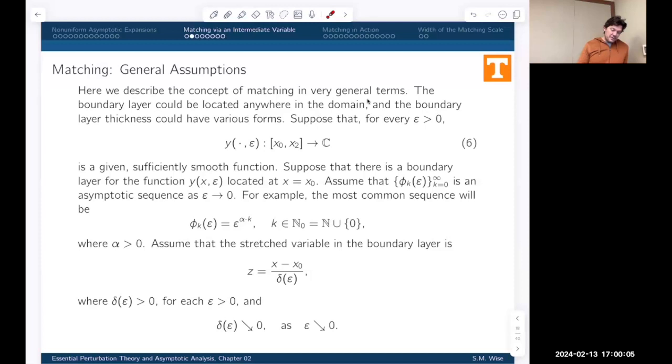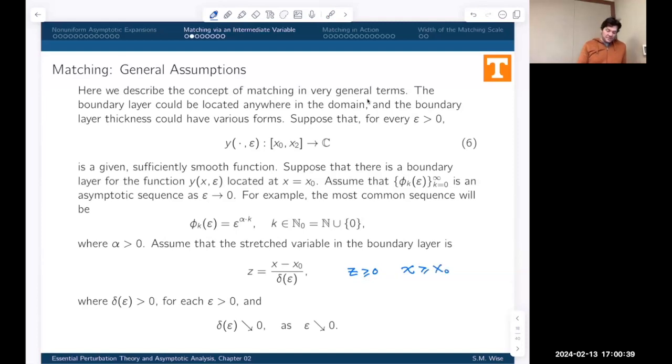We're going to assume that the stretched variable in the boundary layer is of this form. So I have to specify a function delta of epsilon, and z is defined as x minus x naught over delta of epsilon, and we're going to be interested in this variable for z positive. So what does that mean? If z is positive, this is for values of x, let's say z greater than or equal to 0, x greater than or equal to x naught.